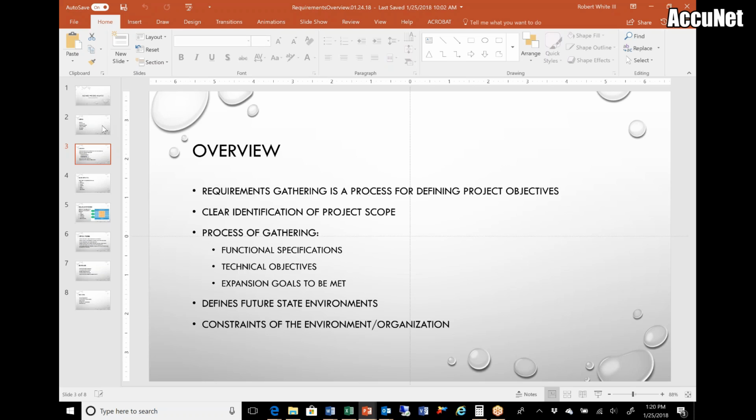Next sub-bullet here is on expansion. So expansion goals, where does the business want to go? A lot of times when you're gathering requirements, you want to understand what the goals of the business are going to be. Do you want to grow? Do you want to be more efficient? Do you want to expand your footprint? I think most people that sit with me in meetings with customers, I know Milligan's had this quite a bit lately.